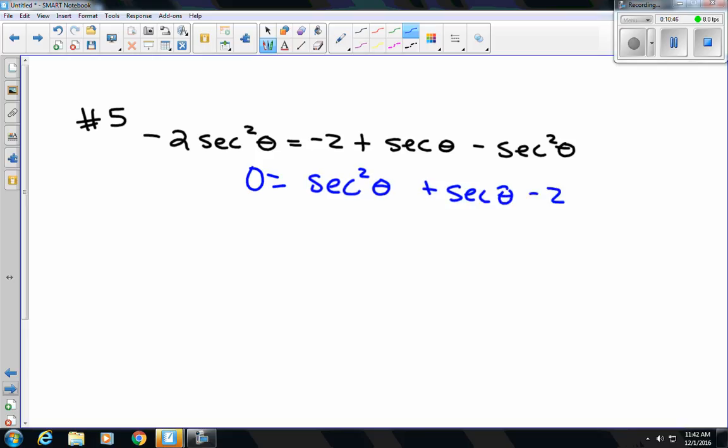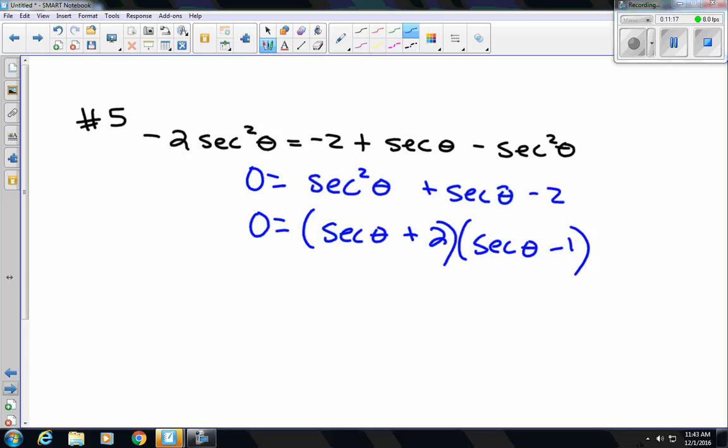Okay, now I really don't need to do the x method. This one's easy to factor. So 0 equals secant of theta plus 2. That's right, plus 2. And then secant of theta minus 1.